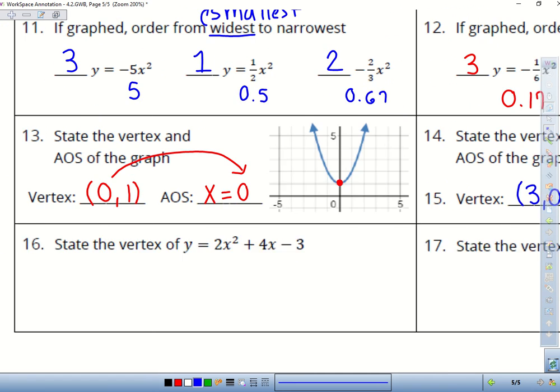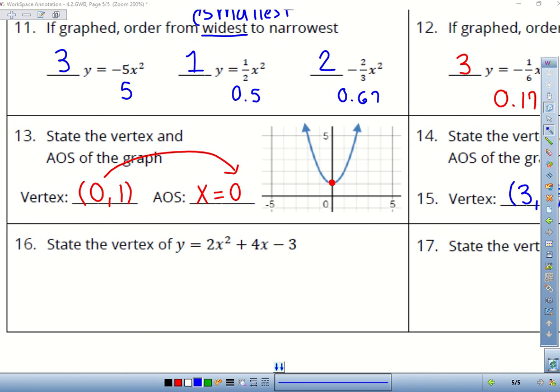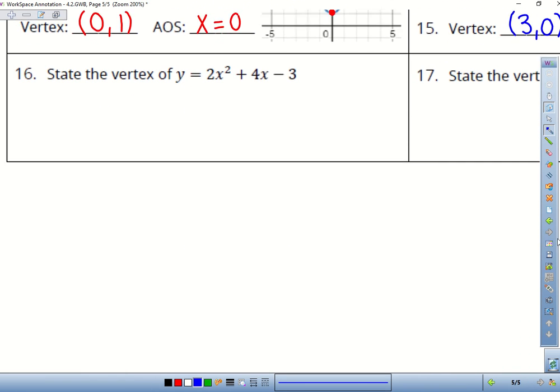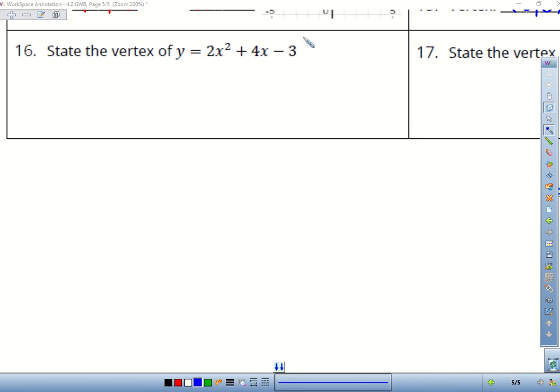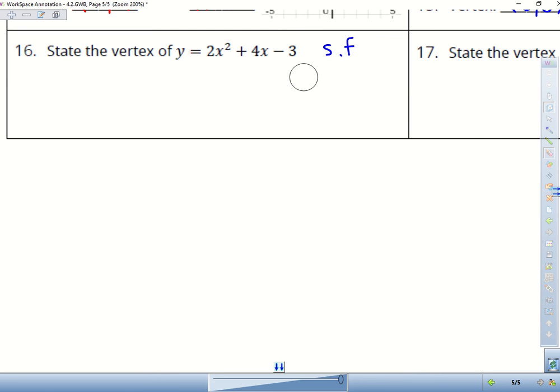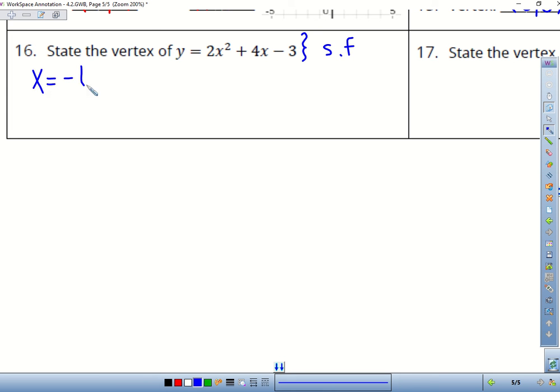Okay. So to state the vertex, first of all, you have to identify what form this equation is in. Standard. Good. This is standard form. So since it's in standard form, we learned previously that we use the formula x equals negative b over 2a to calculate the x-coordinate of the vertex.